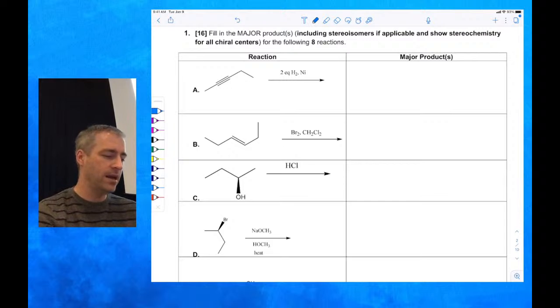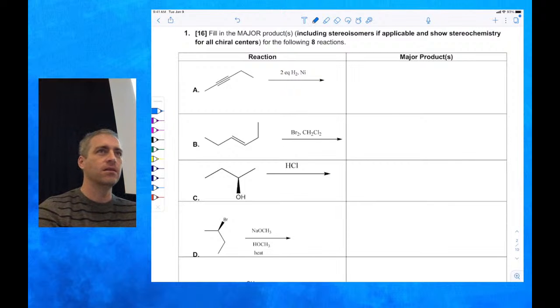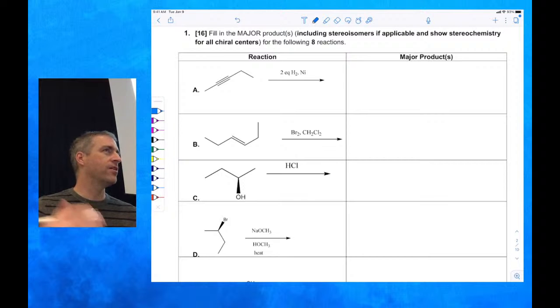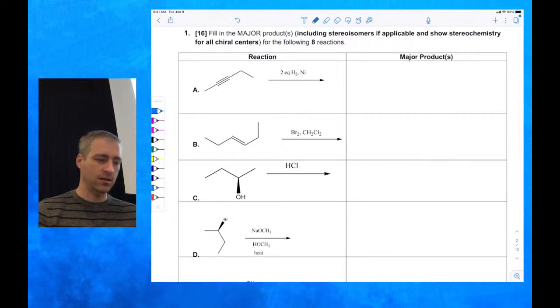So the first one is an alkyne, and we are adding 2 equivalents of hydrogen with nickel metal. You recognize this reaction? This is from the beginning of chapter 8. This is hydrogenation. And we know that if you use one of those 4 metals, nickel, palladium, platinum, or rhodium, you'll add hydrogen twice to bring the alkyne all the way to the alkane.